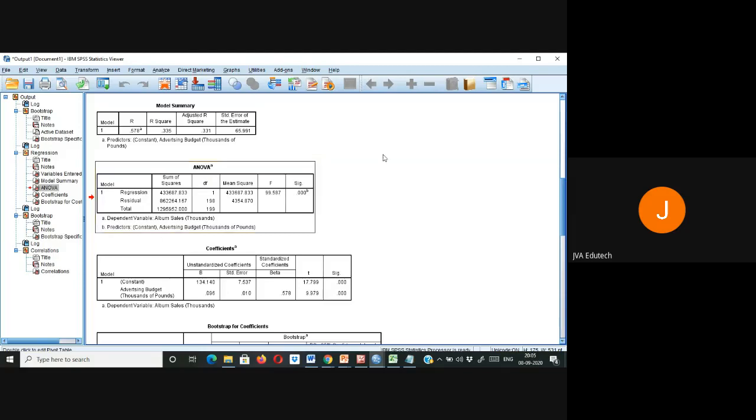If it's not a good fit, this significance value won't be there. If this significance value is more than 0.05, you can say that this could explain the variance, but it's not a good fit to be used as a predictor.